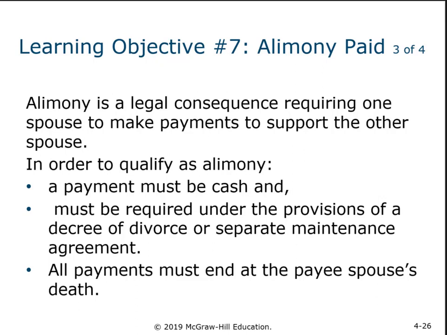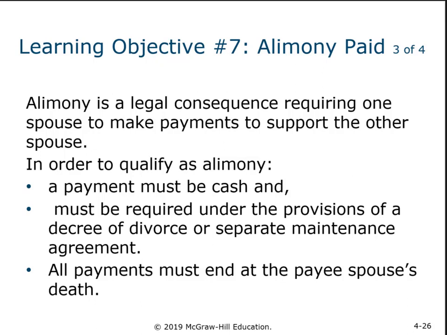So how do we make sure that happens? How do we know if that's the case? Payment must be in cash. It must be required under the decree of divorce, meaning if I just give money to my ex-spouse that is not part of the agreement, I know it doesn't happen very often, but if that happens, it would not be alimony.